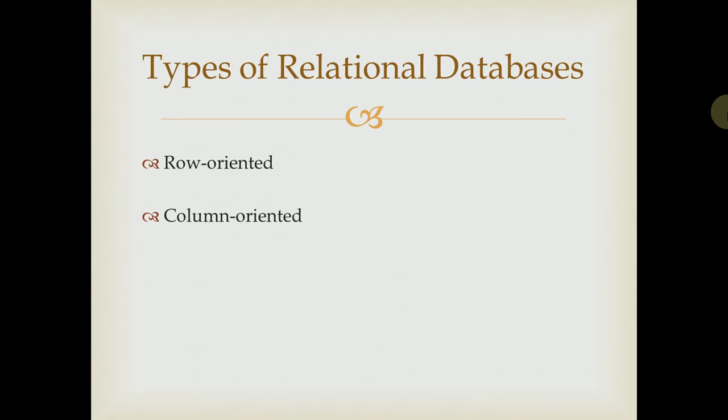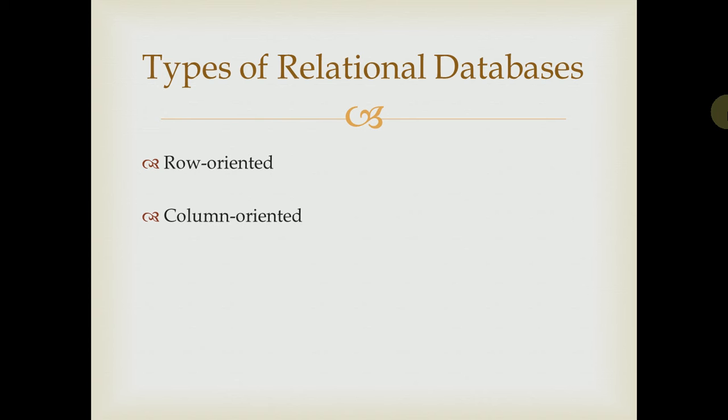So today, as we know, we have two main types of databases. We have row-oriented databases, we have column-oriented databases, and this is looking from probably 50,000 feet above the ground.